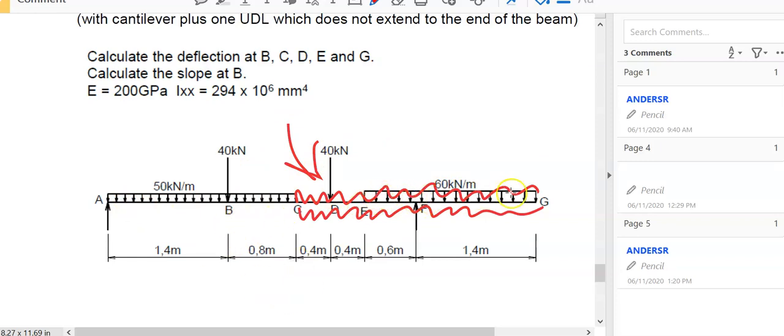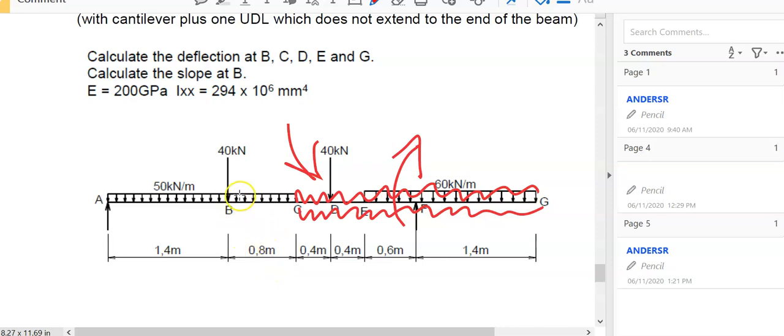And then that one you also treat minus 60 times x minus, okay? And of course, don't forget this UDL is going clockwise, so it'll be plus 50 times x minus, the length of it is x, what will be from there to there? That will be x minus 2.2, times x minus 2.2 squared over 2.